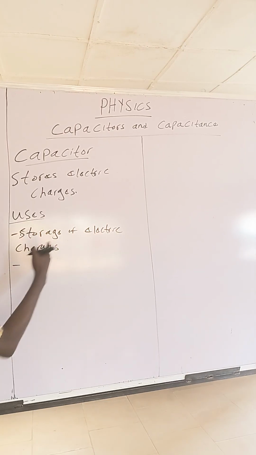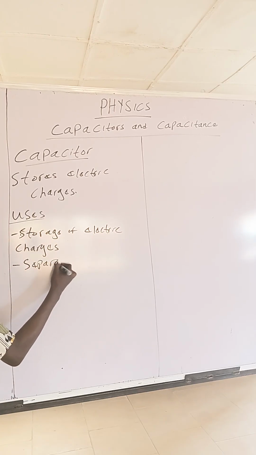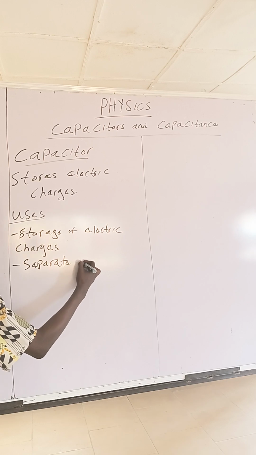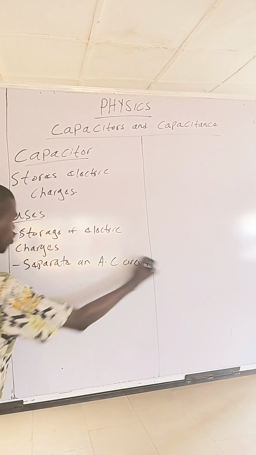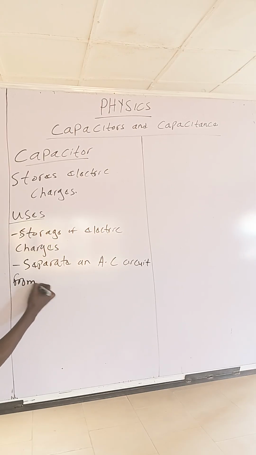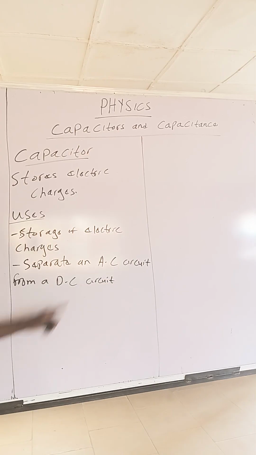Again, a capacitor is used to separate an AC circuit from a DC circuit. An AC circuit is an alternating current circuit, and a DC circuit is a direct current circuit.